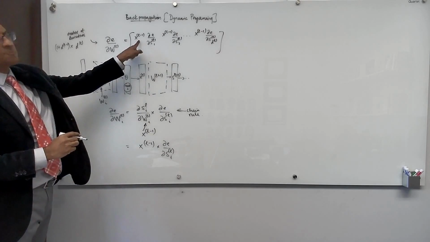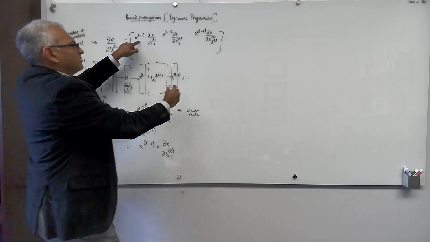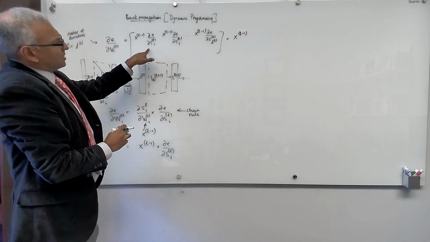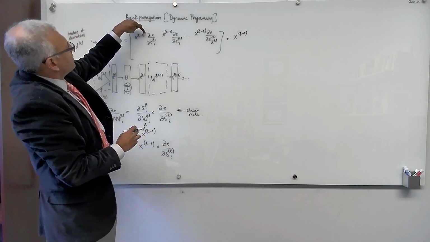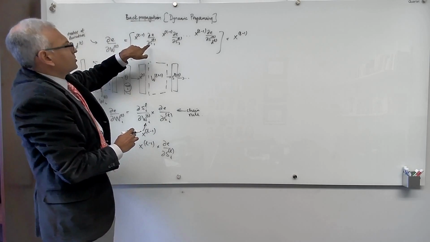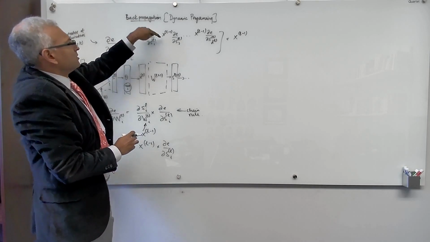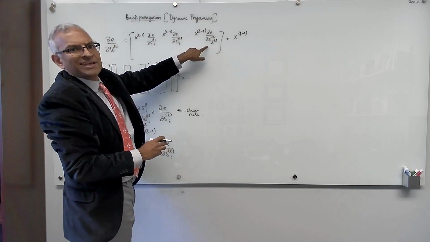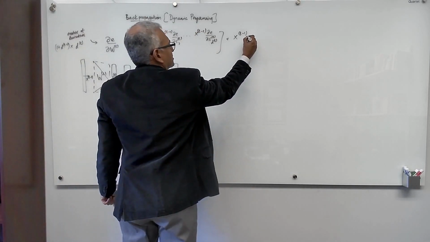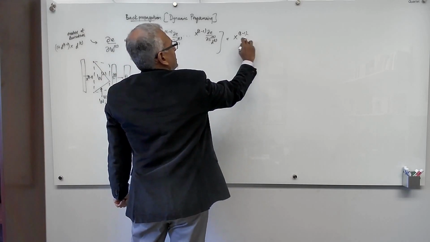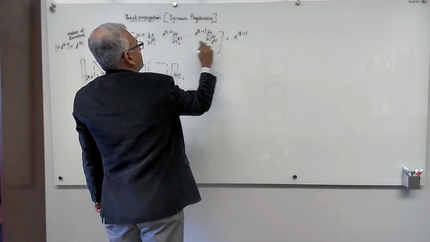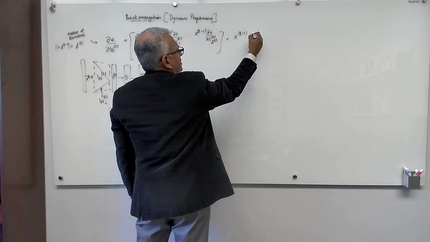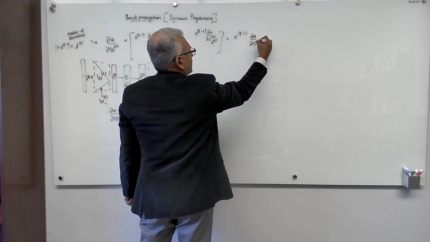Okay, but now I can just factor out the x_{L-1}. So this here is equal to x_{L-1} times a row vector, which is the derivative of the error with respect to the first signal, derivative of the error with respect to the second signal, up to the derivative of the error with respect to the d_L-th signal. Okay, so that's just x_{L-1}, a column vector, times this row vector, which is dE/dS_L.